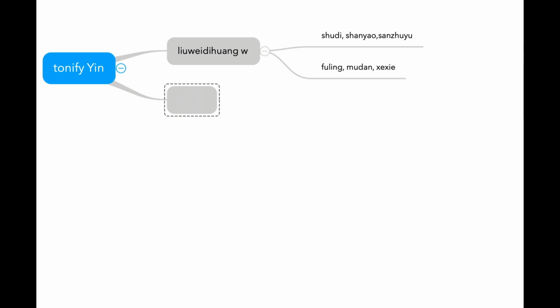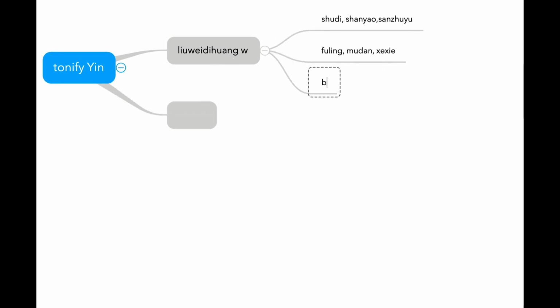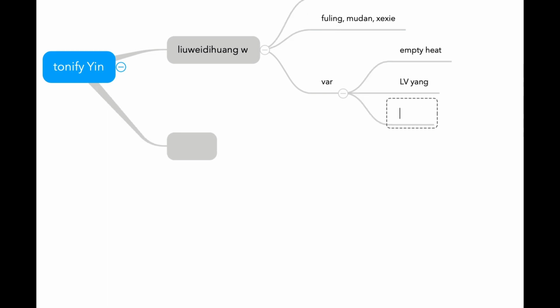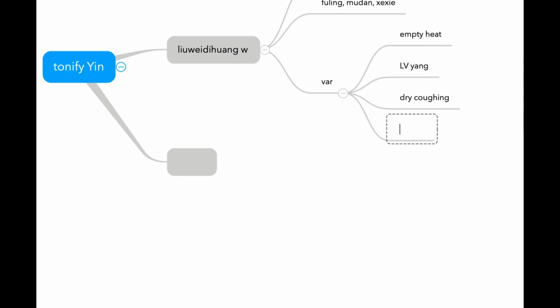And what are the variations? Empty heat and liver yang. Liver yang headache and dry coughing and hearing loss.